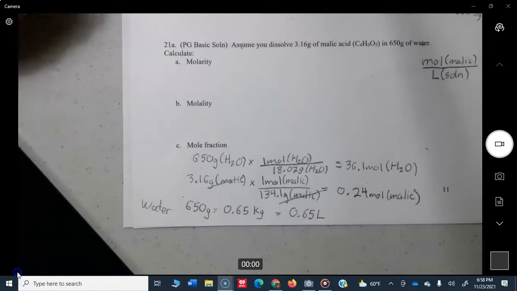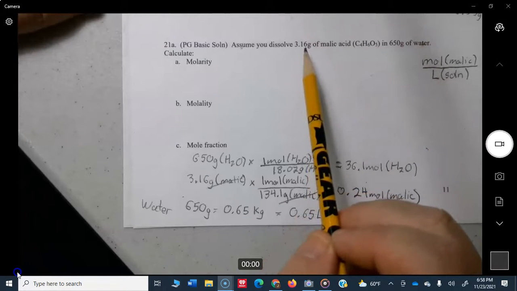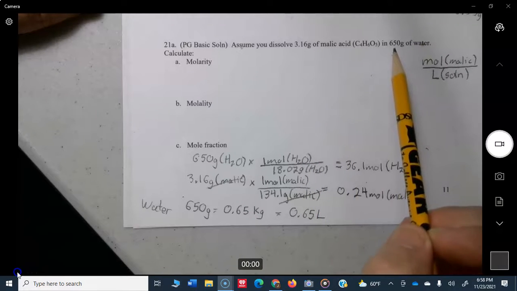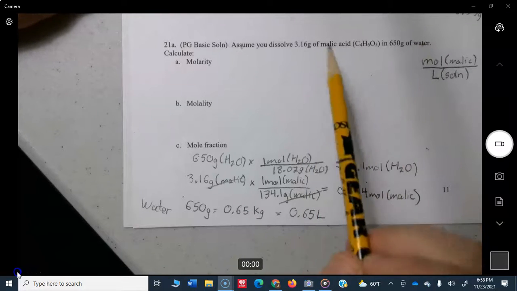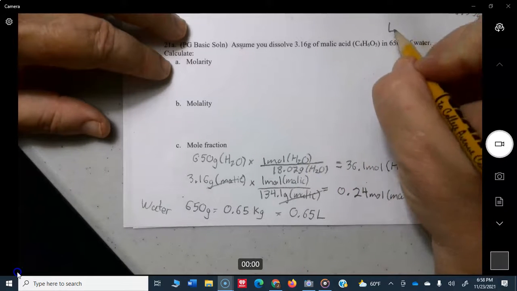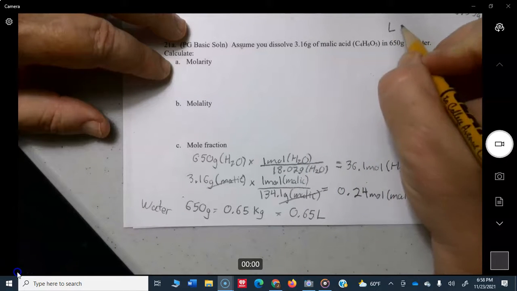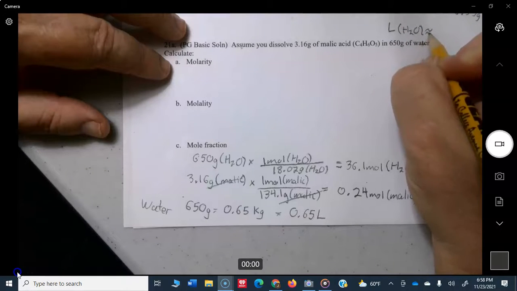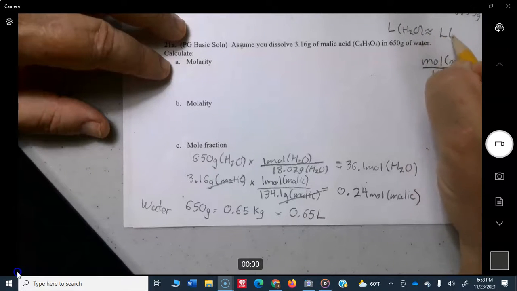So our only alternative is either just to not solve the problem or to say that 3.16 is less than 1% of 650. It's a very small amount. So we can say that the liters of water is approximately equal to the liters of solution.